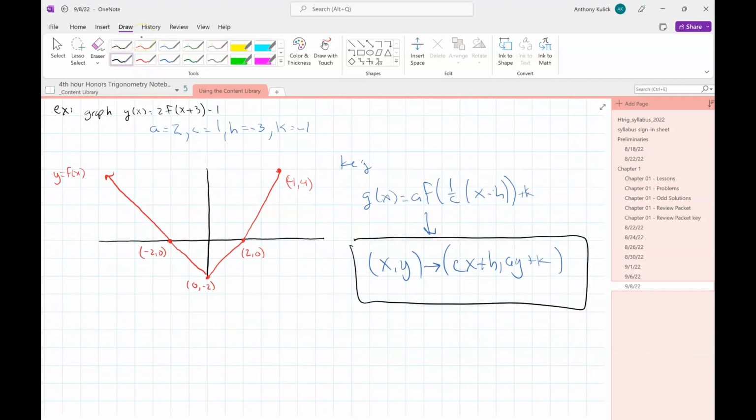This guy is a good one that you'll want to remember. So that map is going to describe how I transform the points in f of x into the points in g of x. Could you read it out loud? xy goes to cx plus h, comma, ay plus k.